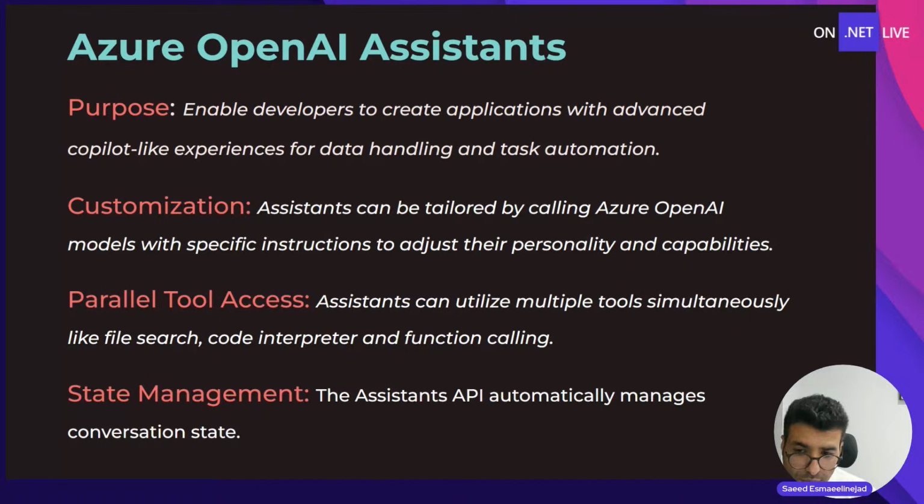And the most important thing is they are stateful. They have state management. The assistant automatically manages the conversation state, which is the biggest benefit of having them in place.